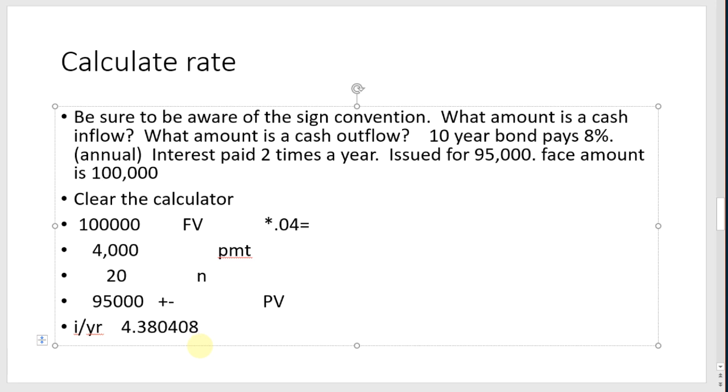Now what I want you to note is that we told the calculator there are 20 interest payments. Therefore, this is the rate for half a year, not a full year. So we're going to multiply that by 2, and that's going to give us the annual rate, which I'm going to round off here for you, 8.7608. So that's what you should have on your calculator.